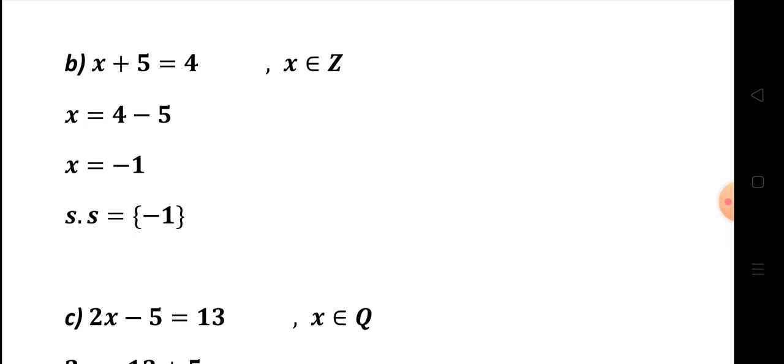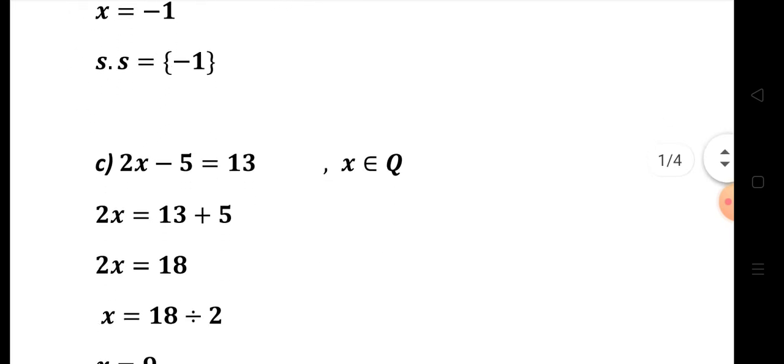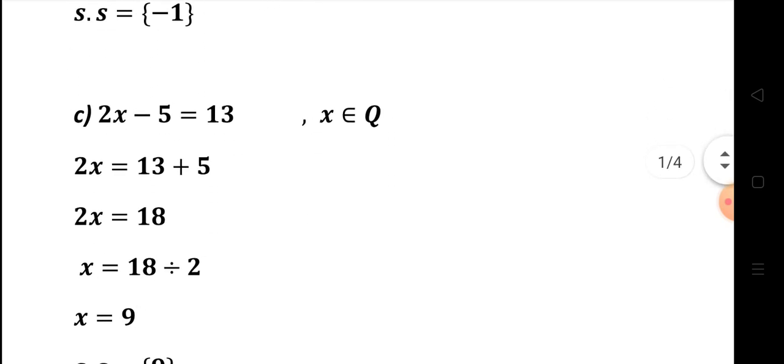And I must write the value of x between two braces like that. The next example, letter C, 2x minus 5 equals 13. When I have an example like that, I have here two numbers on the side of x. And I must write x alone on each side.